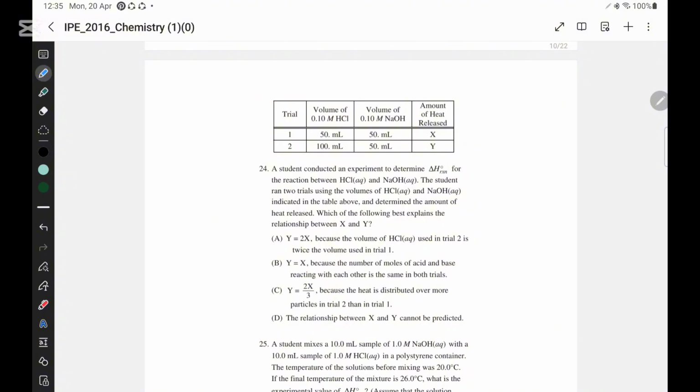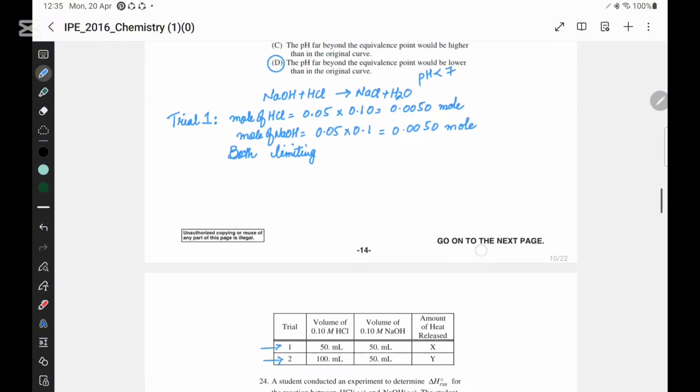To see the relationship between X and Y, you first find the number of moles in the first trial and then in the second trial. For the first trial, the moles of HCl are 0.05 times 0.1, that is 0.005, and the moles of NaOH are also 0.005.